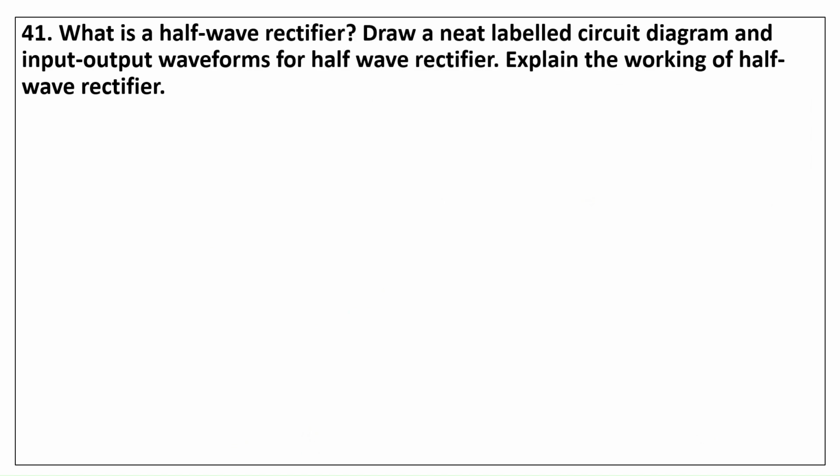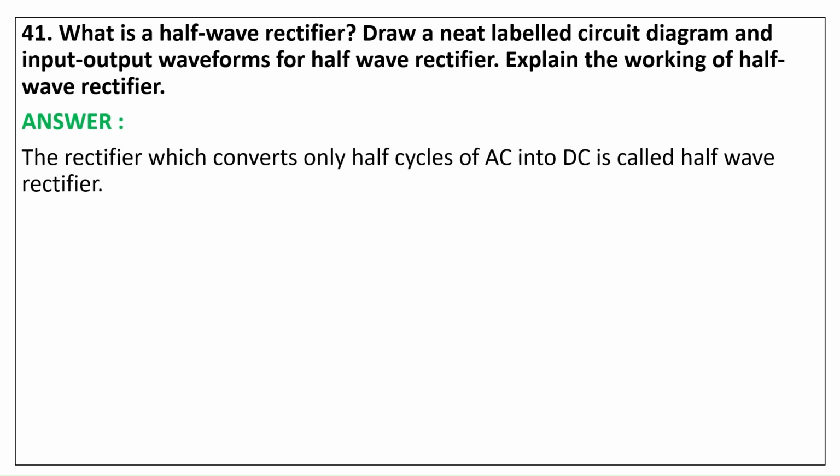Next. 41. What is a half-wave rectifier? Draw a neat labeled circuit diagram and input-output waveforms for a half-wave rectifier. Explain the working of a half-wave rectifier. Answer. The rectifier which converts only half cycles of AC into DC is called a half-wave rectifier.